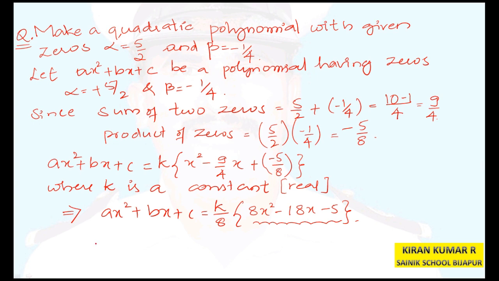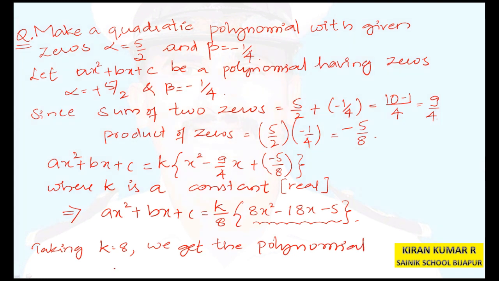That is, taking k value as 8, we get the polynomial 8x square minus 18x minus 5, which has zeros 5 by 2 and minus 1 by 4.